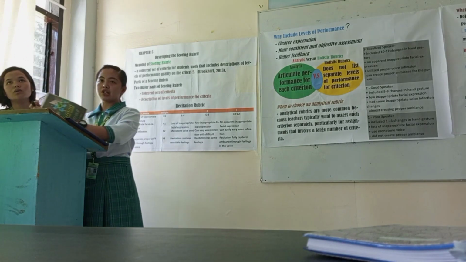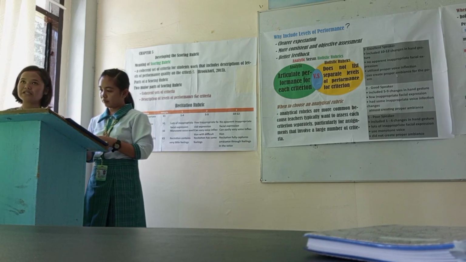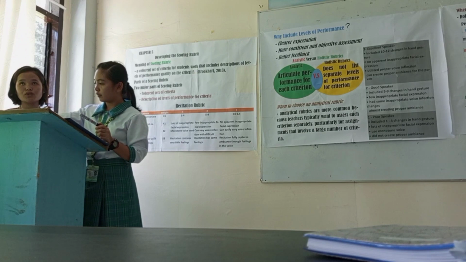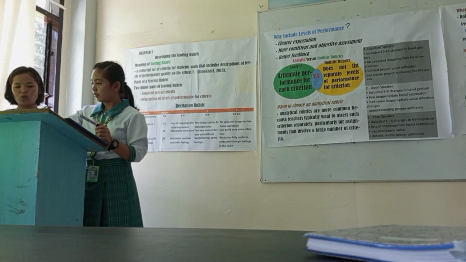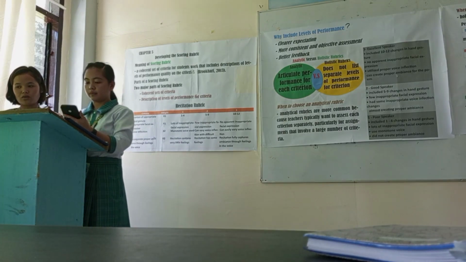So combined versus specific. So, ang example ng holistic is just like, nagbigay ka ng activity, tapos yung criteria or rubrics na binigay mo is yung beginner, satisfactory.